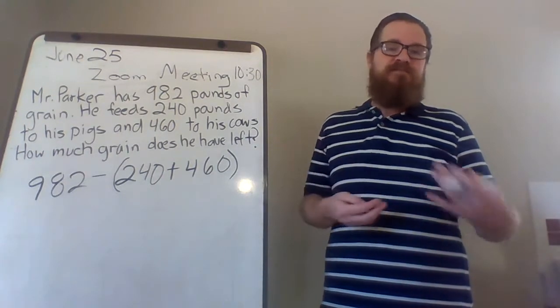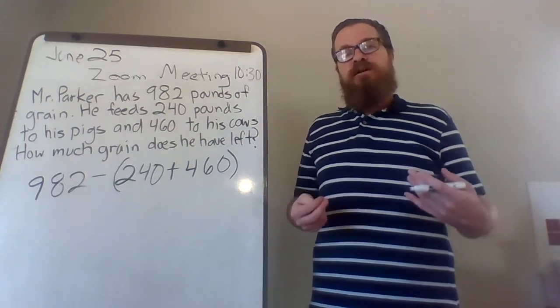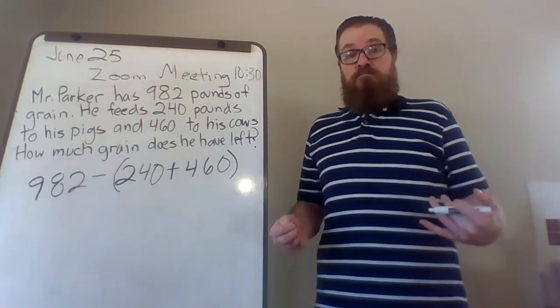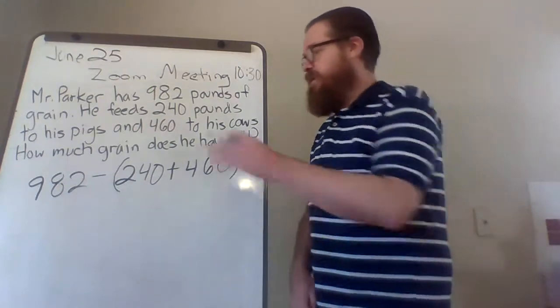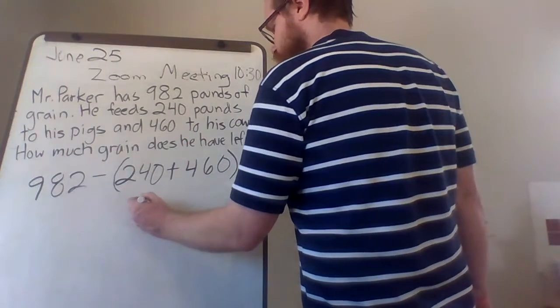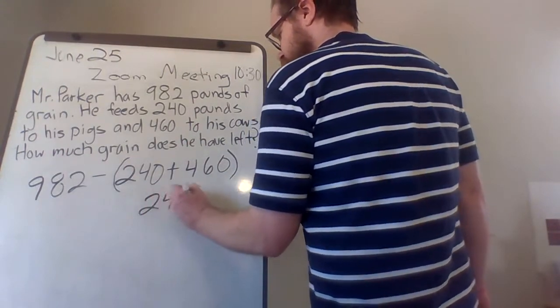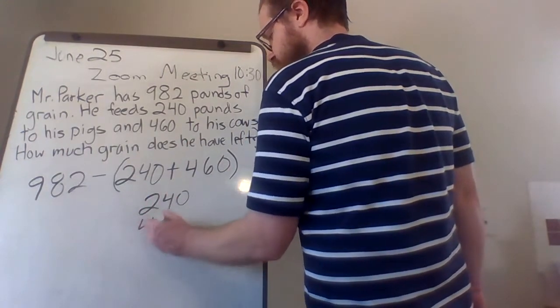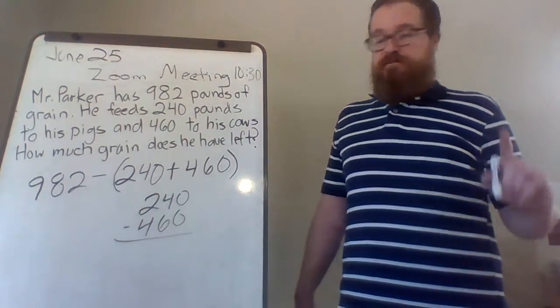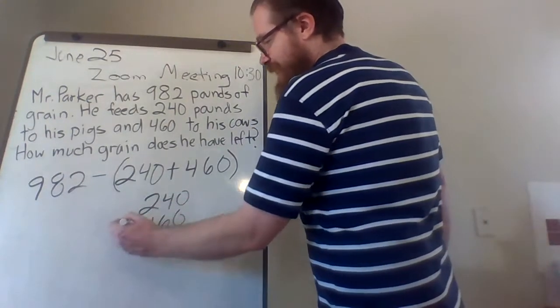It doesn't make that big of a difference, but if you can think of a way to make a problem easier for yourself and still get it right, why not? Okay, so let's go ahead and add how much the pigs and cows eat. So I'm going to have 240 plus 460, and we're going to subtract that to figure out. Okay? Sorry, we're going to add that to figure out.